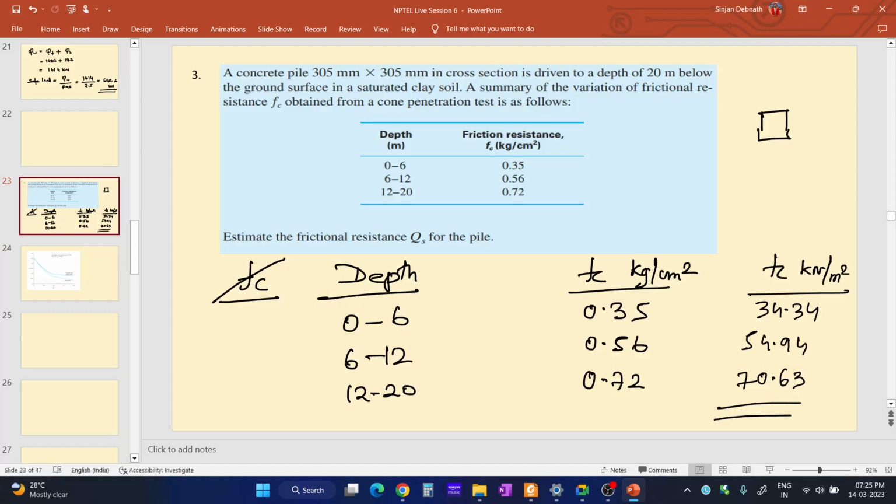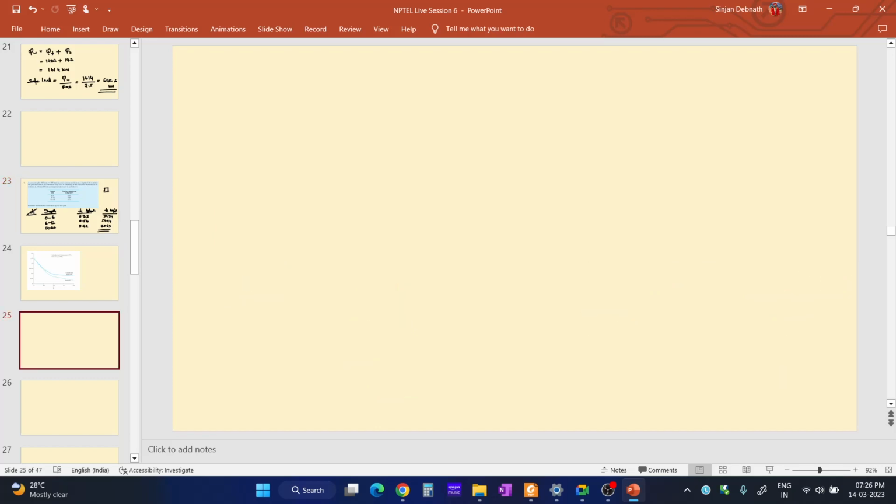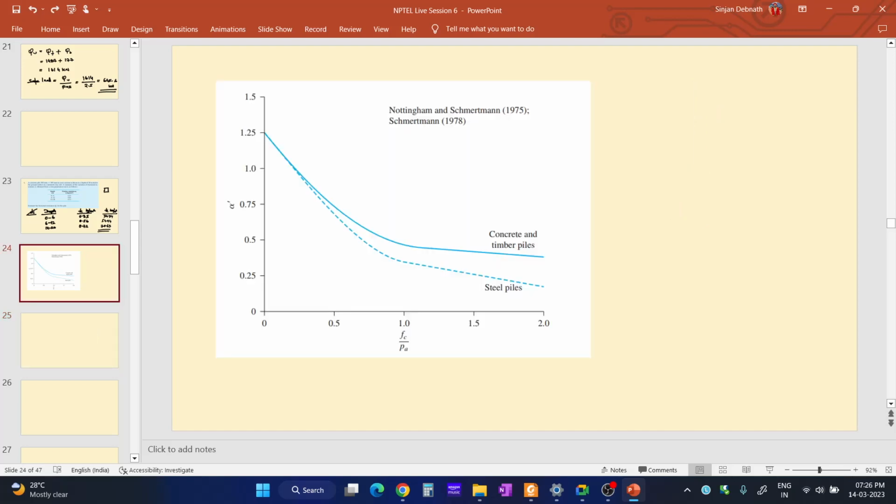Here, the 20-meter pile is divided into 3 segments: 0 to 6, 6 to 12, and 12 to 20. Let me just draw it over here.